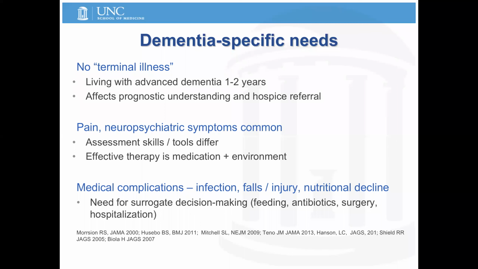Pain and neuropsychiatric symptoms are common, but the approaches that we might use have to differ both for assessment and for intervention. And then medical complications become frequent with infections, falls and injuries, and nutritional decline, all of which drive the need for surrogate decision-making, often by that same family caregiver who's already stretched thin.